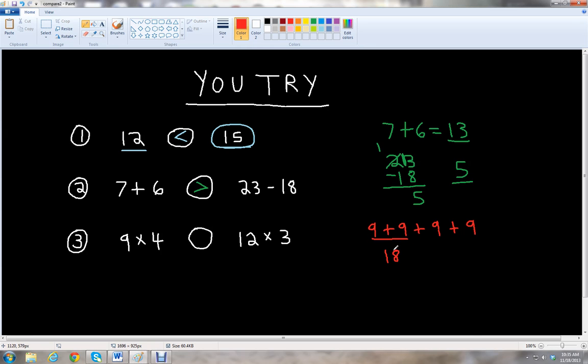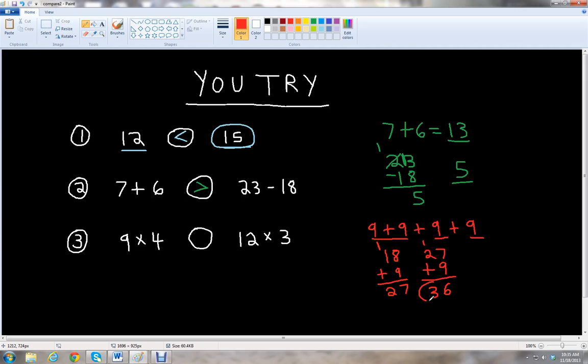We get 18. And then we have 18 plus 9. So 8 plus 9 is 17. Carry the 1. 1 plus 1 is 2. 27. And then we do one more 9. So 27 plus 9. 7 plus 9 is 16. Carry the 1. 1 plus 2 is 3. 36.